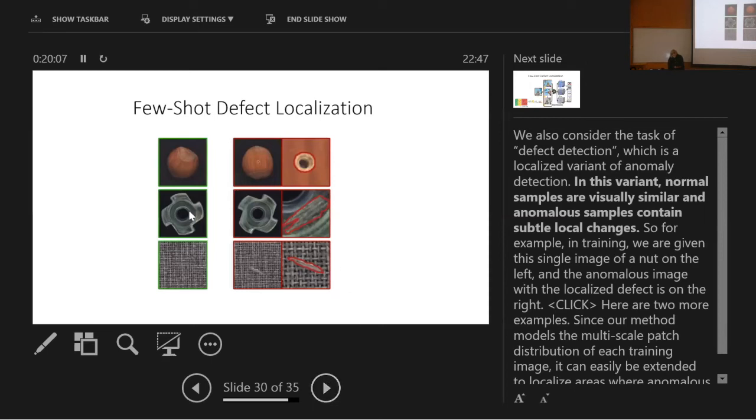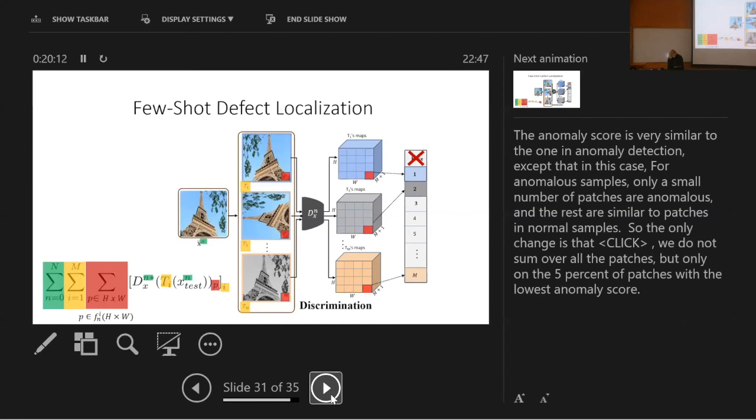Here are more examples. As you can see, the anomaly score is very similar to the one in anomaly detection, except that in this case the anomalous image and the normal images are very similar to each other, and for anomalous samples only a small number of patches are anomalous.